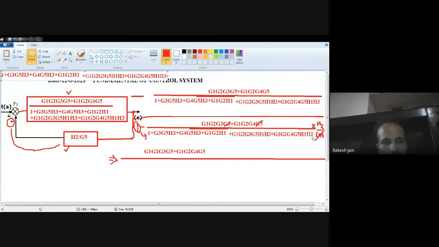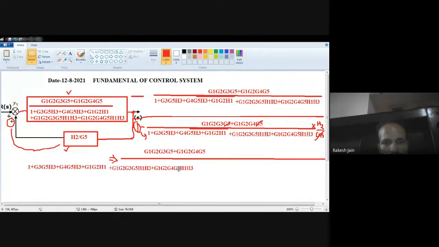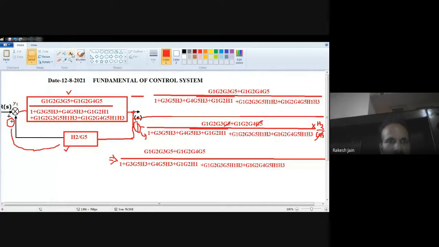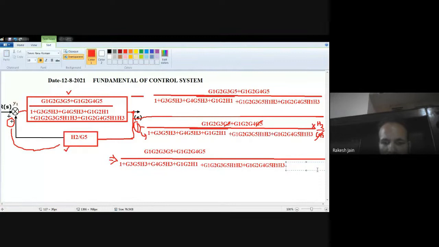Okay, then minus sign is there, so I just draw the minus sign. Now see, this G1 G2 G3 plus G1 G2 G4 will be multiplied by H2, because H2 is remaining. So it will be G1 G2 G3 H2.